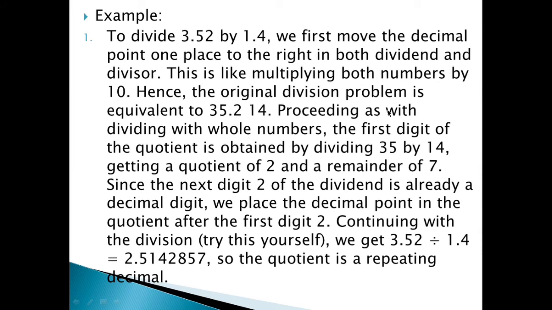So, proceeding as with dividing whole numbers, the first digit of the quotient is obtained by dividing 35 by 14, getting a quotient of 2 and a remainder of 7. Since the next digit 2 of the dividend is already a decimal digit, we place the decimal point in the quotient after the first digit 2.